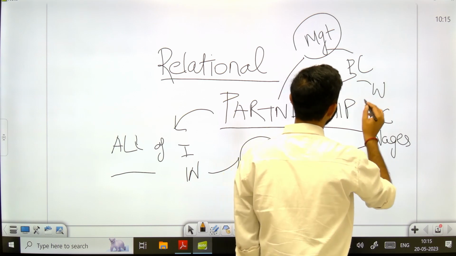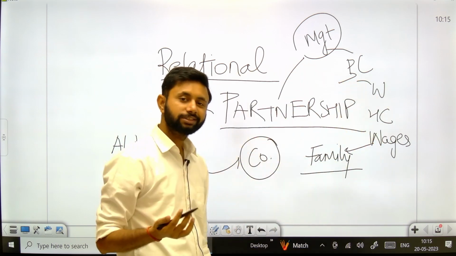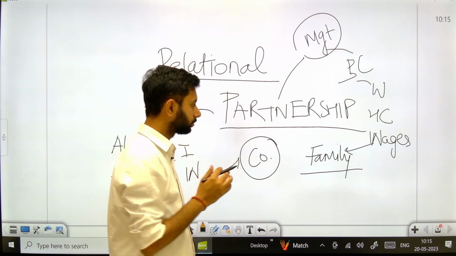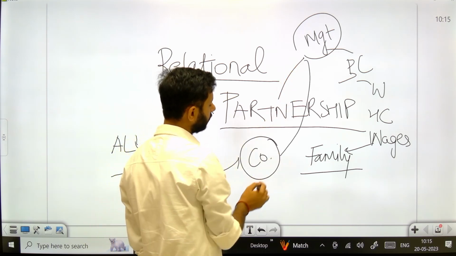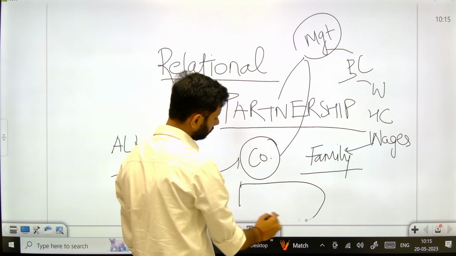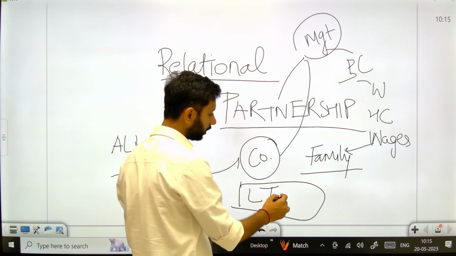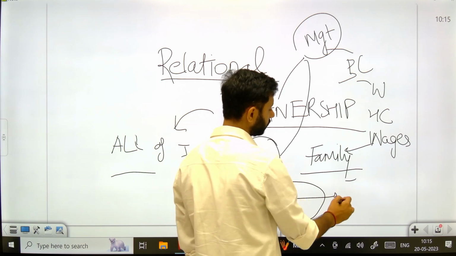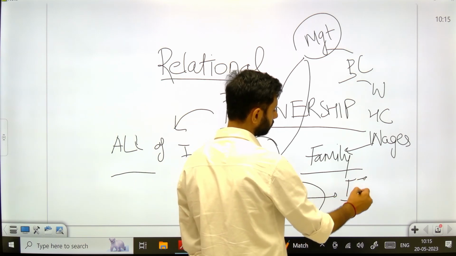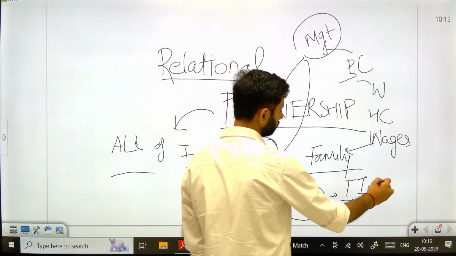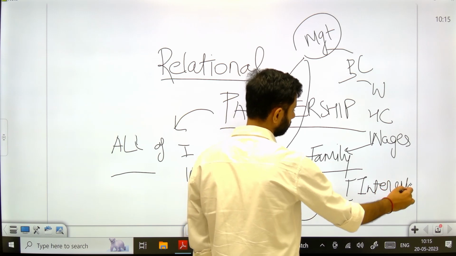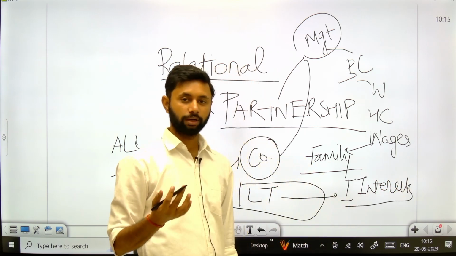In this manner, because the interests of these two stakeholders are converging, the relationship is long term, because they not only work for their individual interests, they have gone beyond that.